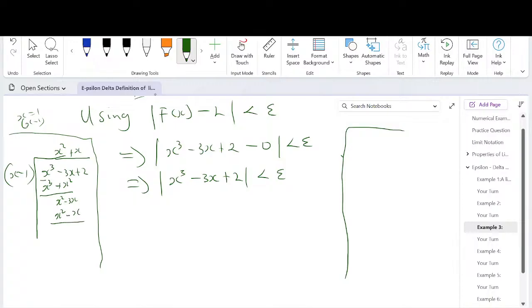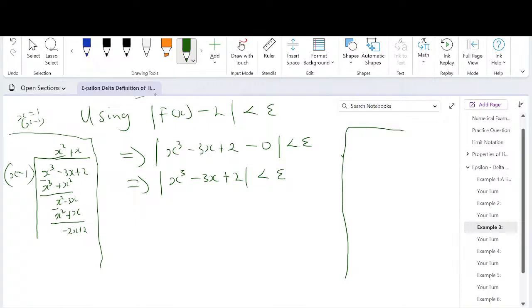If we subtract again, this becomes minus and this becomes plus, so we have minus 2x. Then we need to drop the 2, to be plus 2.